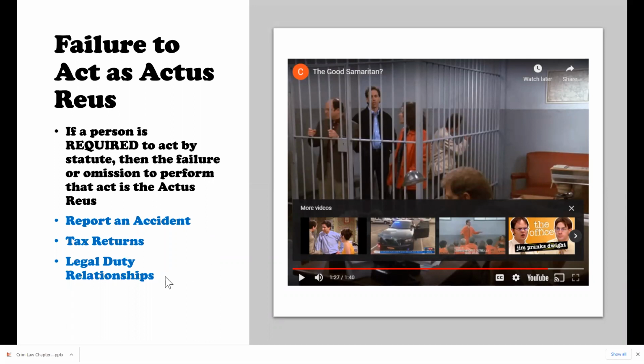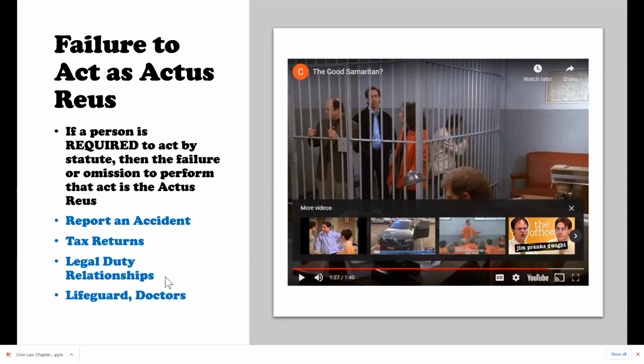And then we have legal duty relationships. These legal duty relationships are when somebody has a duty to act because of the relationship they have with that person. An example would be lifeguards or doctors.